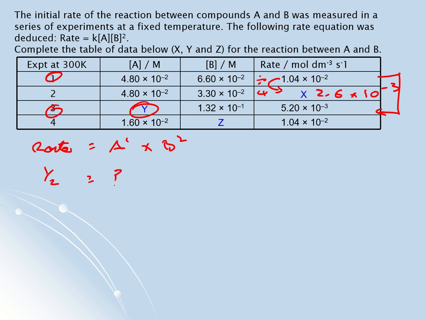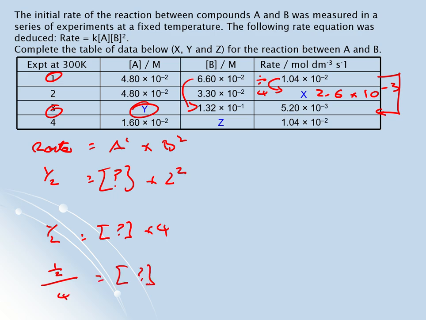equals A, well that's what we're after, we're working out the relative change of A times B from there to there. That is a doubling, yeah it is. So it's a doubling, so it's a 2 to the 2. So in other words, a half equals the change of A, which we're trying to work out, times 4. If we rearrange that equation, a half divided by 4 equals the change in A. So 0.5, it's an eighth, isn't it?